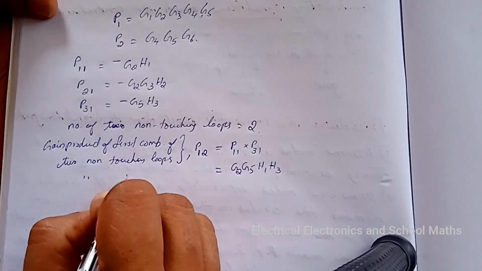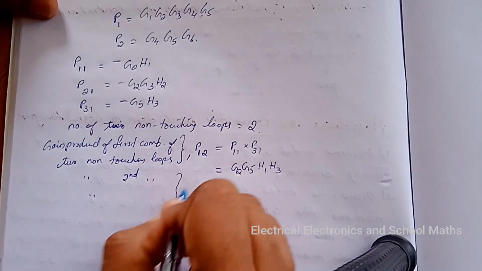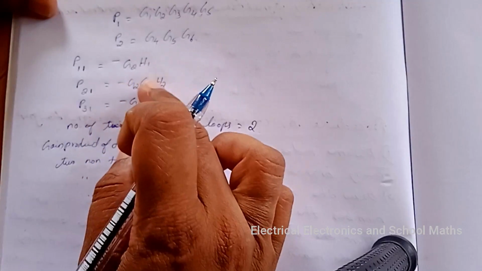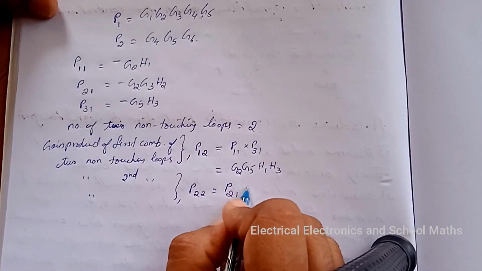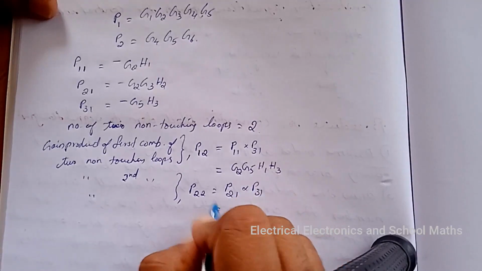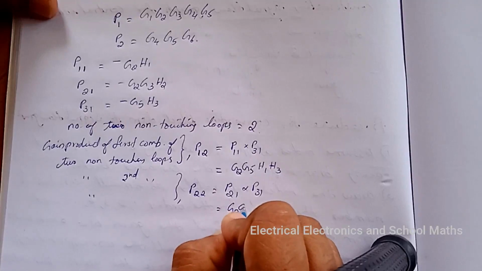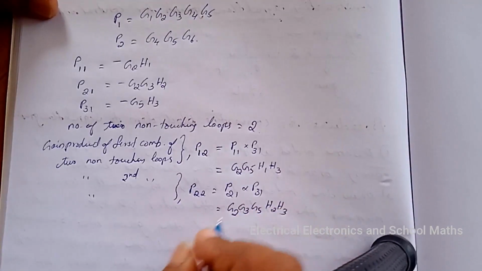The gain product of the second combination, let it be P22, is P21 into P31, which is G2 G3 G5 H2 H3.